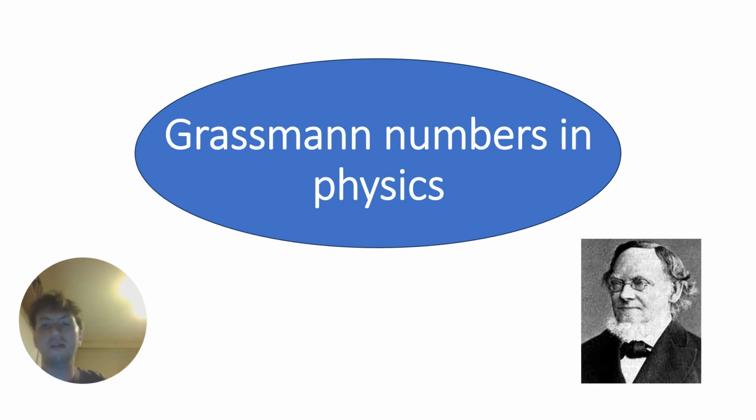But today we're not going to be looking at them in that much depth, although I will make a video of the relativistic quantum mechanics that is behind much of the motivation of using Grassmann numbers.